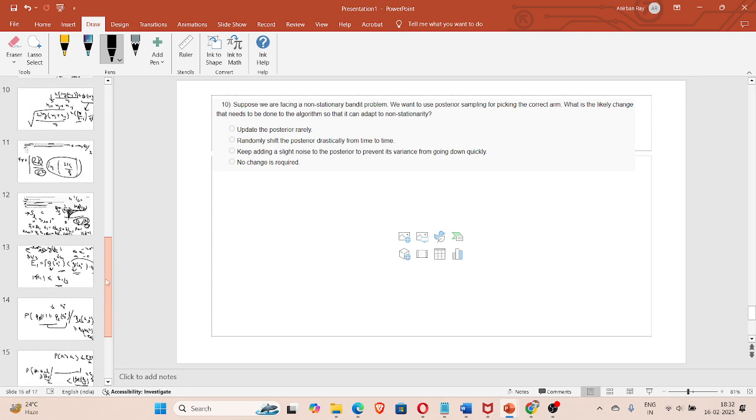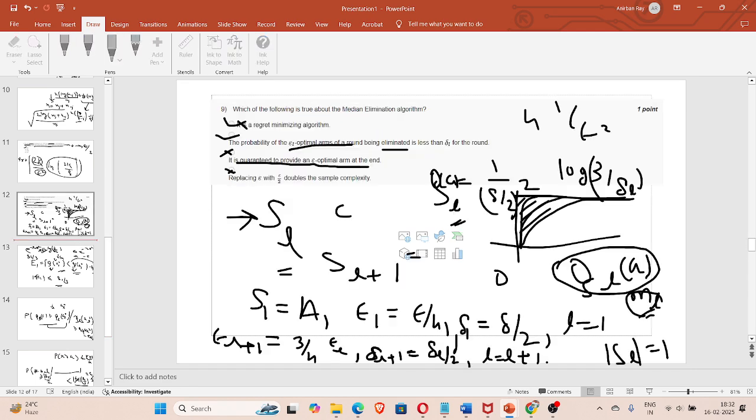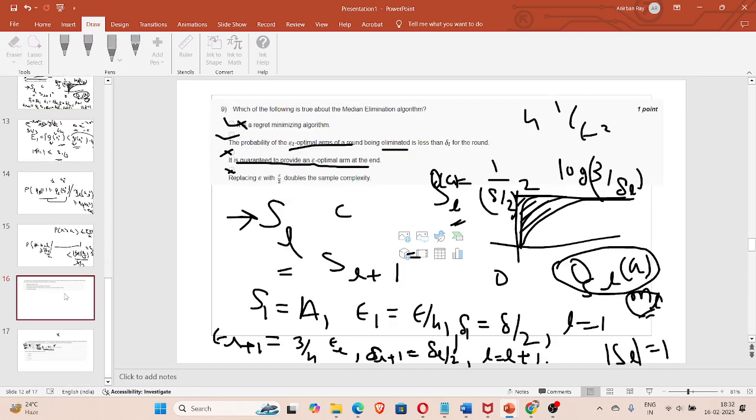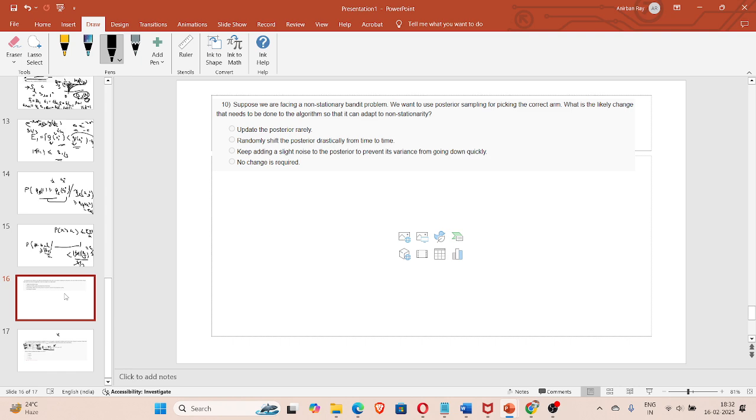I didn't get your question. Which problem? Just from my list, only one problem is left here. We solve this problem first, okay? Then we go to your problem. Which one? This is the question actually: posterior sampling, Thompson sampling. Can you see the screen?